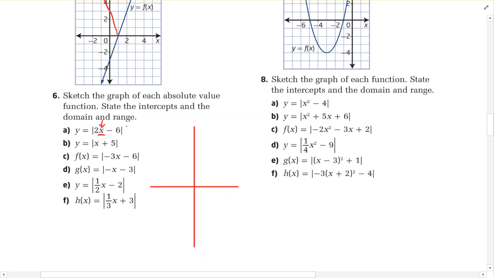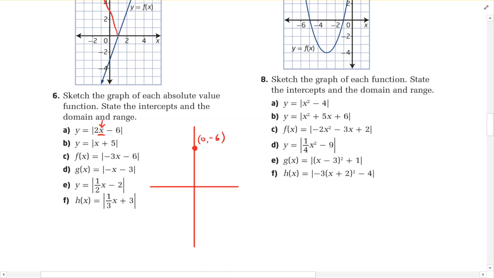So that would be 0 there. That would be -6 is what our original function would be. But since it's the absolute value, it's going to be +6. So the y-intercept's up there at 0, comma, 6.